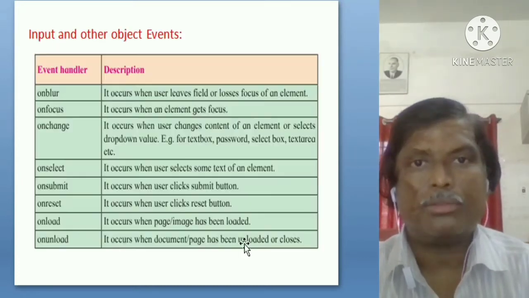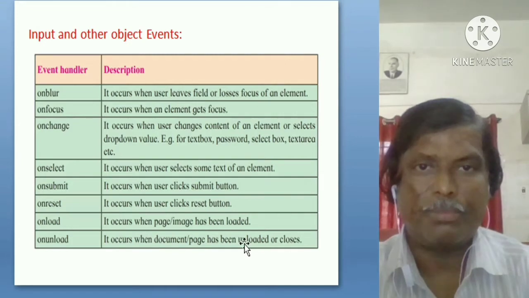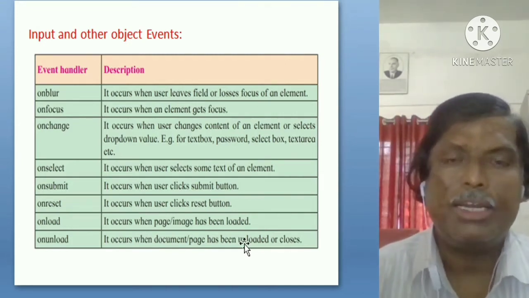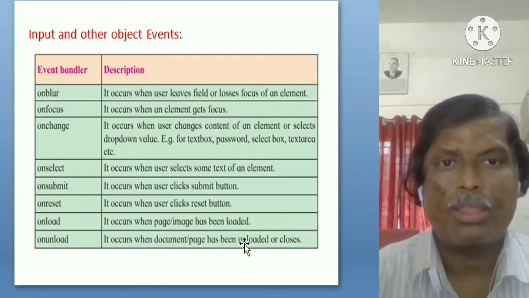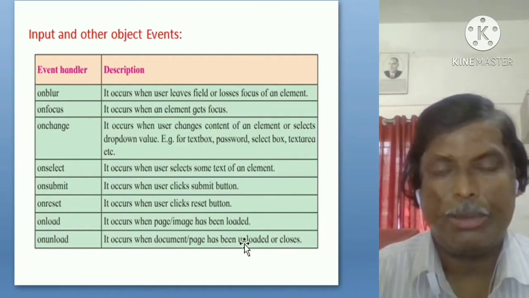Now see the input and other object events. Here we have the event handler and description. So the first event handler is onBlur. It occurs when user leaves a field or loses focus of an element.